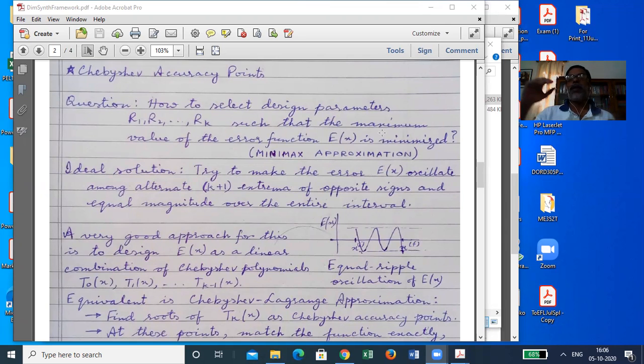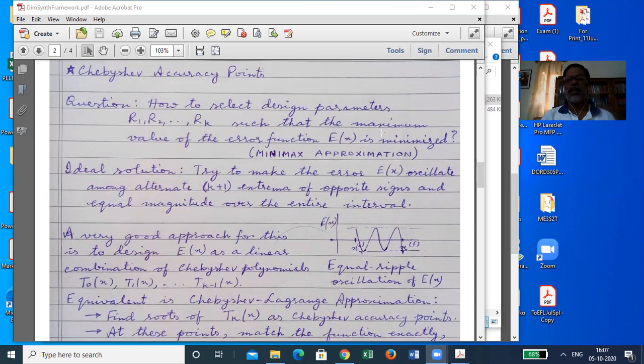So if at one point it is high, at another point it is low, then you try to make some changes in the design parameters so that the high becomes a little lower, the lower becomes a little higher, maybe. Part of the deal. So you will tolerate it, because anyway that much deviation is taking place somewhere else.